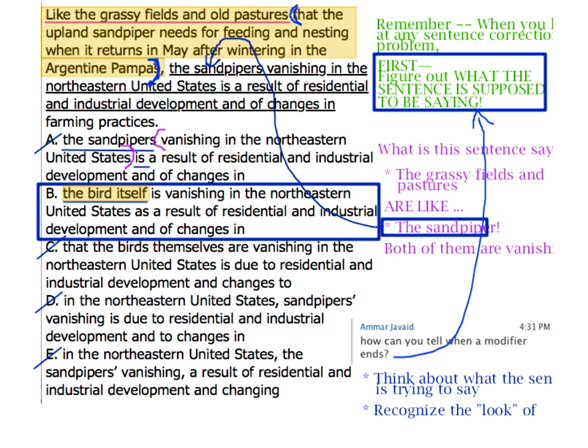You might want to have a few canonical examples in your head just so that you can compare these. Like, if I say the dog that we adopted at the shelter is cute, that's the same thing as just saying the dog is cute with a little bit of extra description. So that the sandpiper needs for feeding and nesting, blah, blah, blah, is a lot like that we adopted at the shelter.